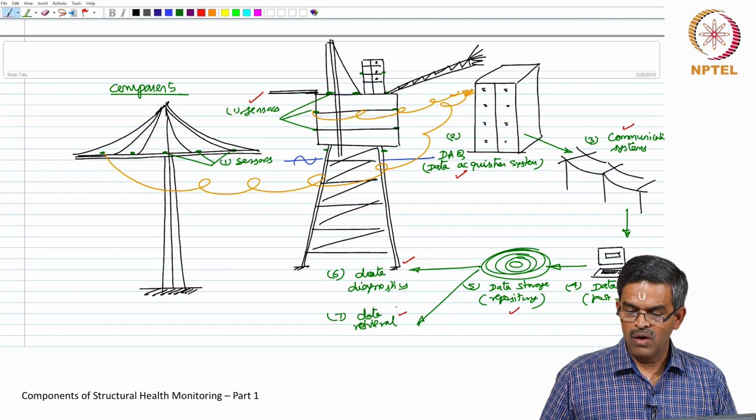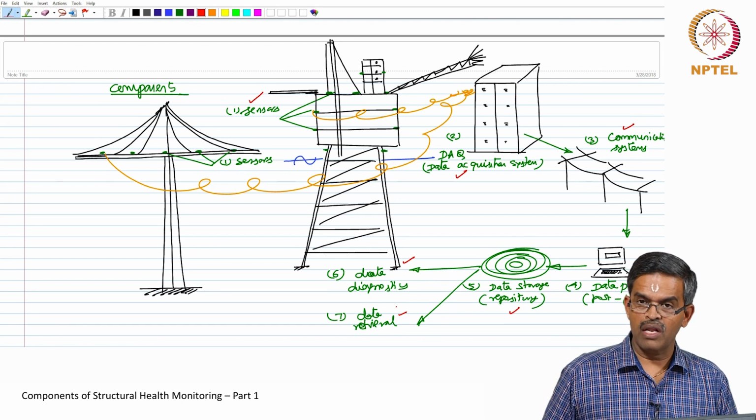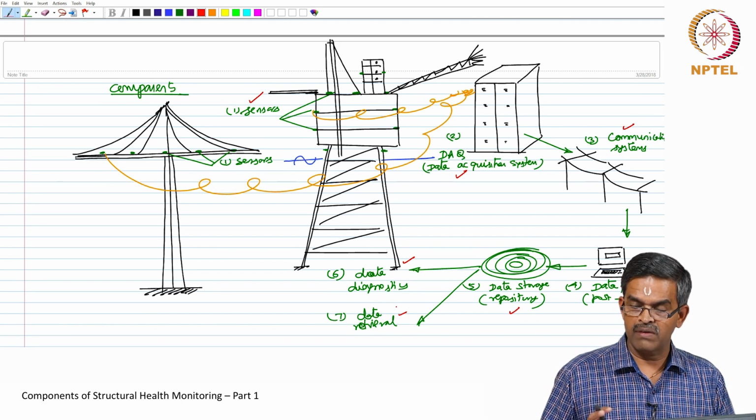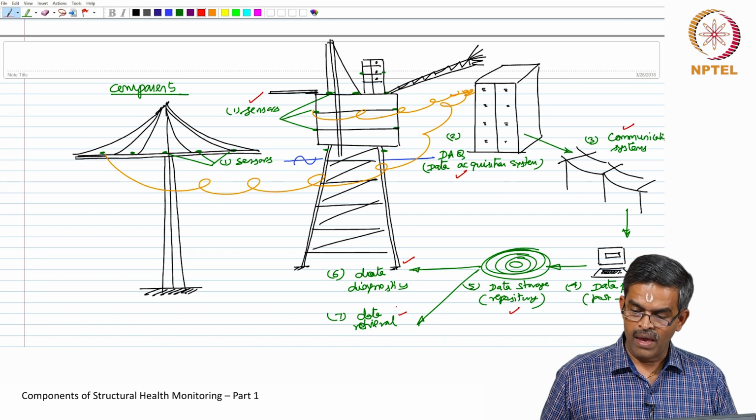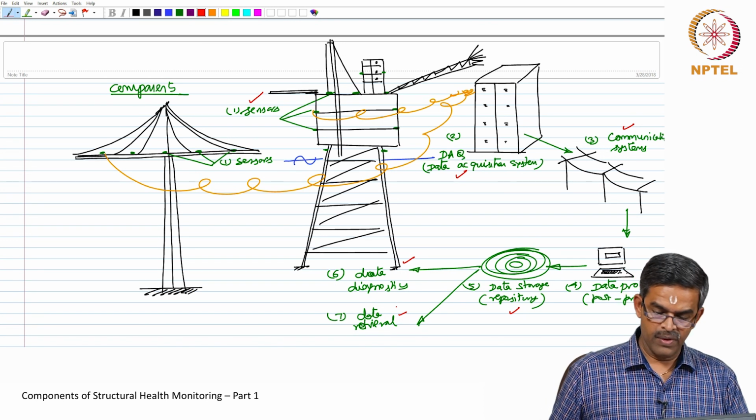So, if you look at the whole layout of the health monitoring system, we can component wise divide them as seen in the figure just now.